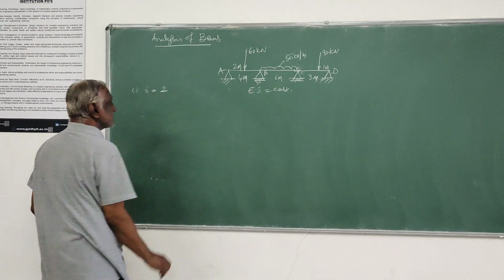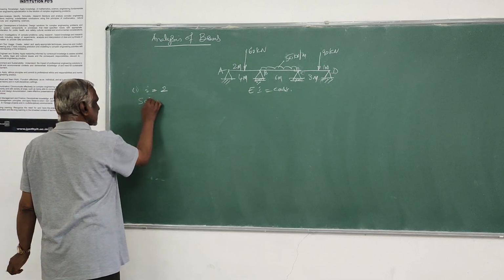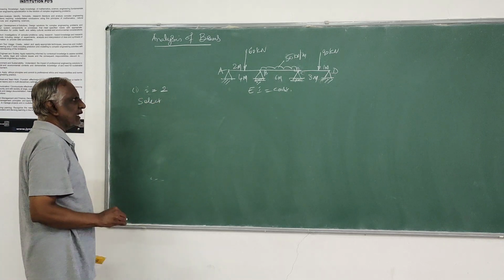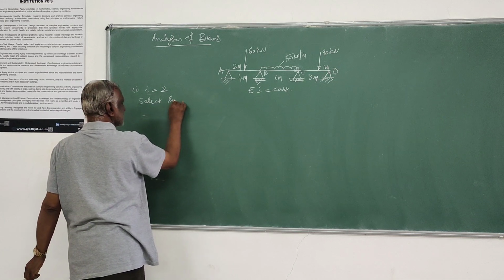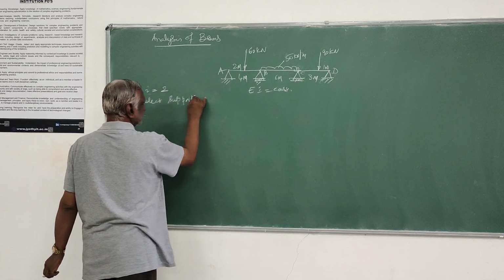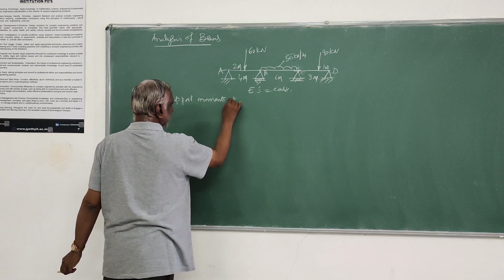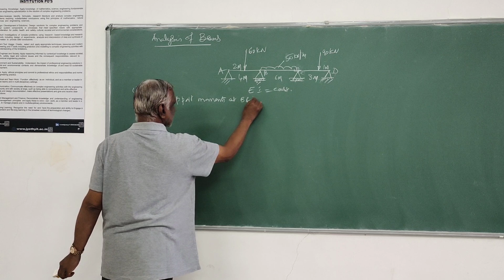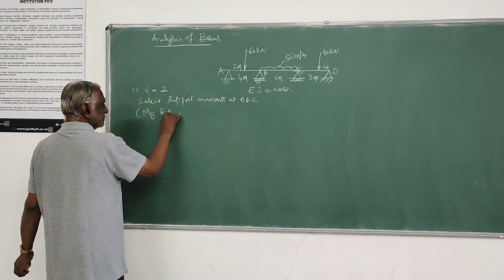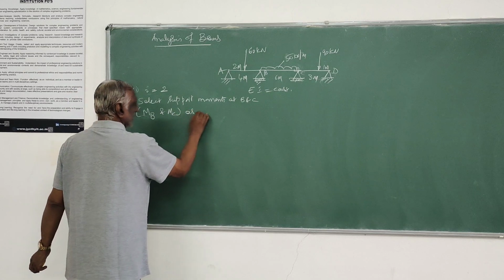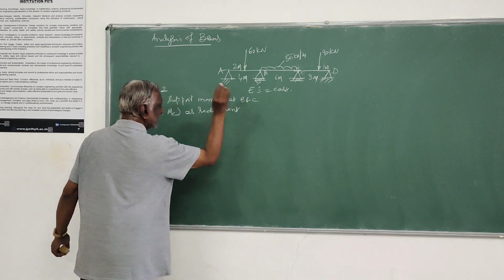So here, since the degree of static indeterminacy is 2, you make the structure determinate by selecting, as usual, support moments at B and C, that is MB and MC, as redundant or release forces.